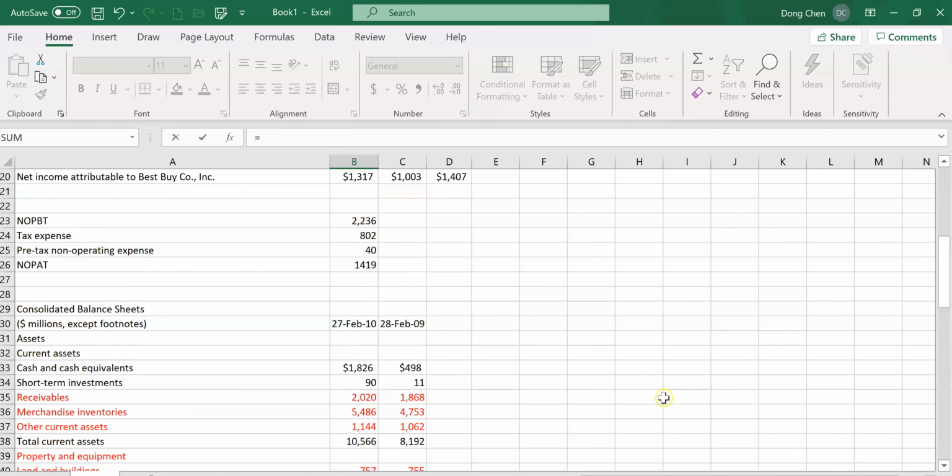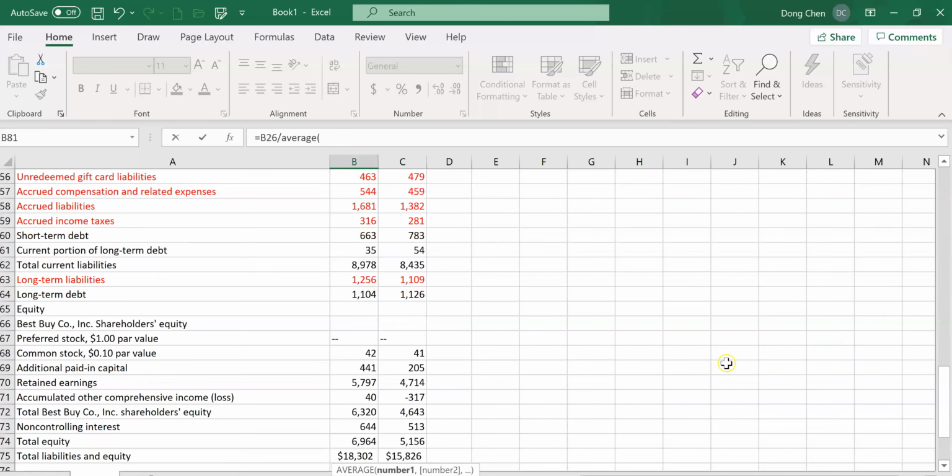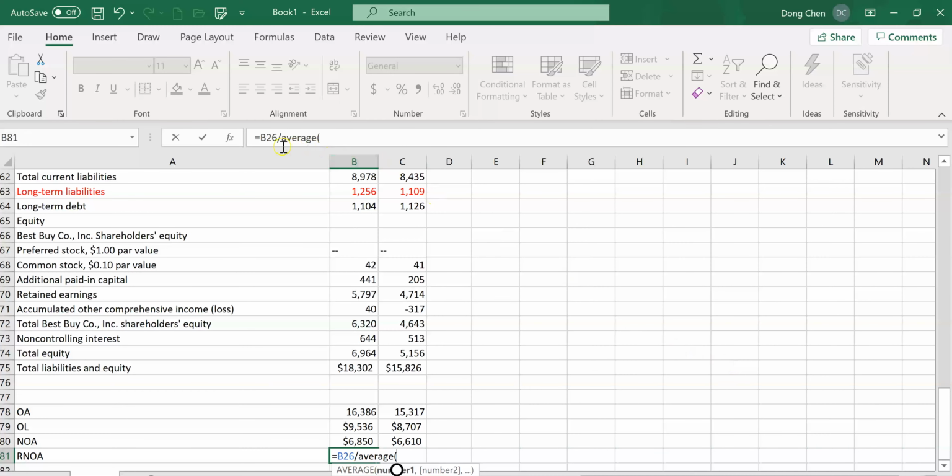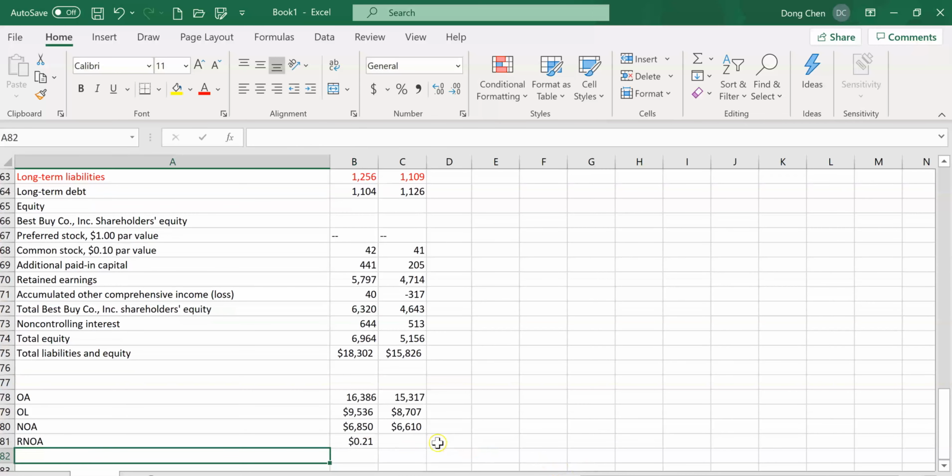It's NOPAT, it's right here, and then divided by the average level of the NOA. So average, I just use the average function and open parentheses, and then I can choose these two numbers, NOA, and close it. So then we're done with this.